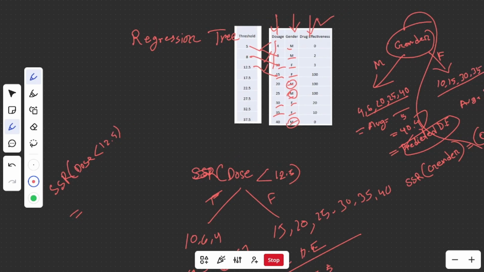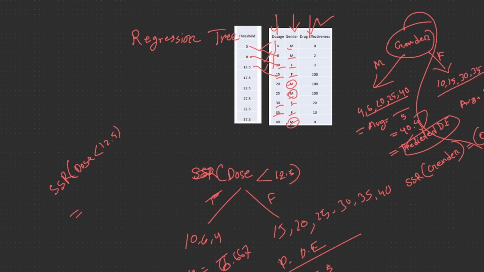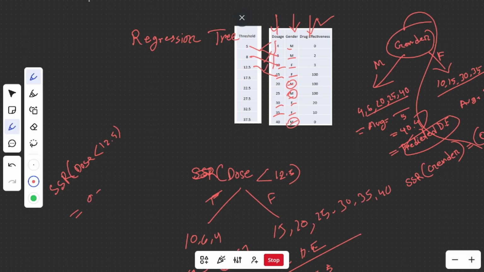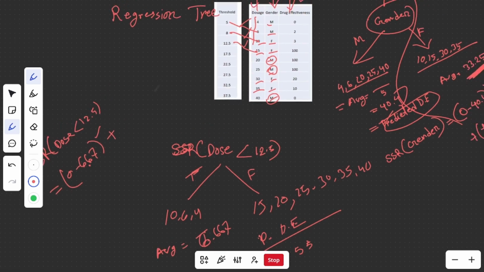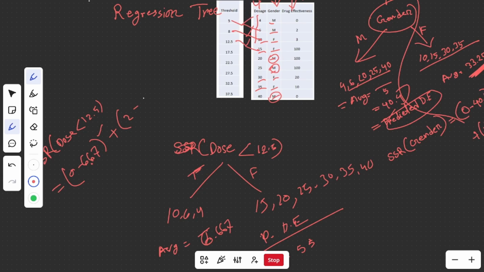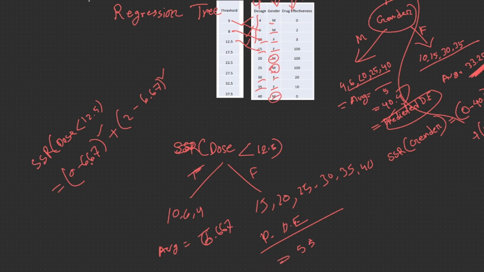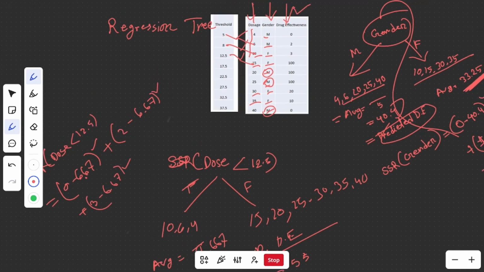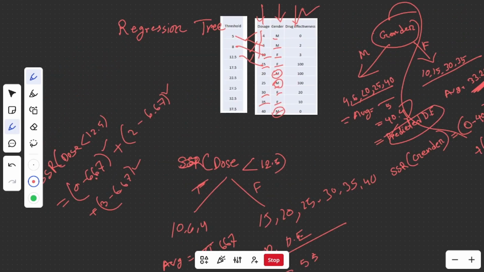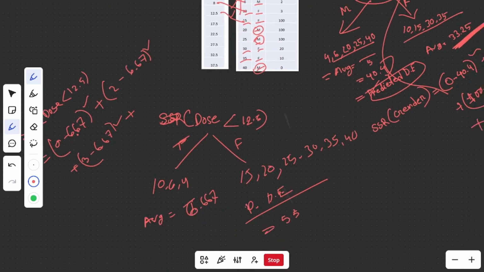So 0 minus dose effectiveness equals 6.67 whole square plus 2 minus 6.67 whole square plus 3 minus 6.67 whole square, and the same way you have to do this all along.